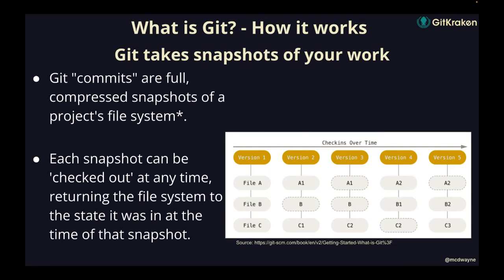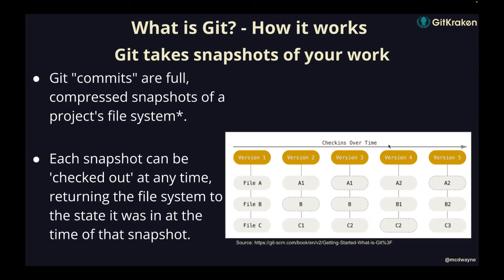So how Git is different, how it works differently than other systems. Git is unique, at least at the time it was unique, that it takes full snapshots of your file system. When you are committing, the individual unit of work in Git is called a commit. Every commit, you take a snapshot of the entire file system, compress it down, and then take a checksum of that very compressed binary, and that's how we track things over time.